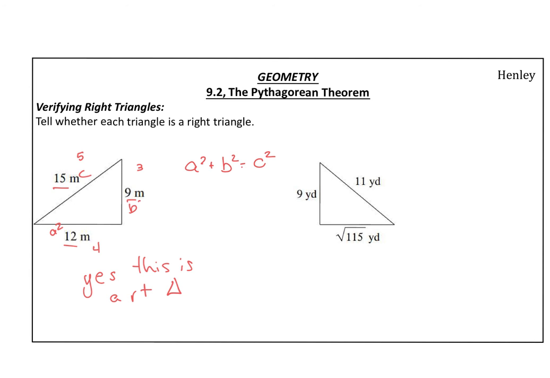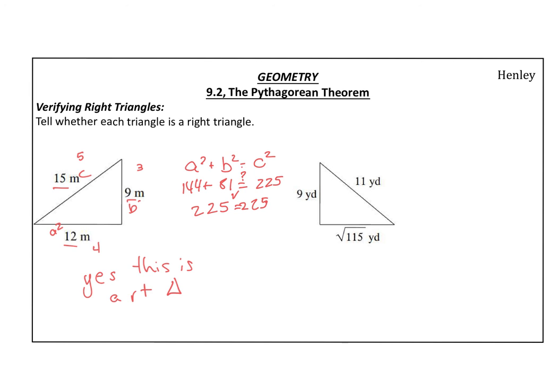So a squared is 12 squared, which is 144, plus b squared, 9 squared is 81, and c squared, 15 squared, is 225. And we're trying to determine if these are in fact equal. 144 plus 81 is 225. So that verifies that these are in fact equal to each other.